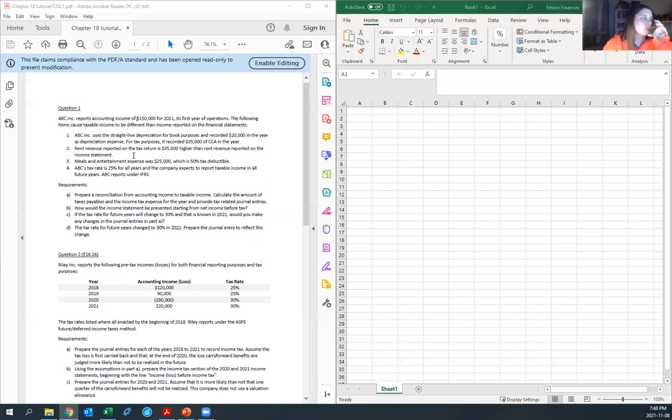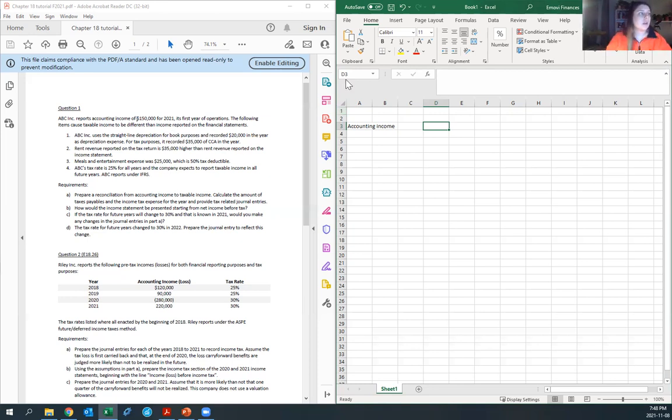So what you're going to do first, you always start with your accounting income. It should be given. Sometimes they might give you an income and there might be a gain or loss also in the items here.